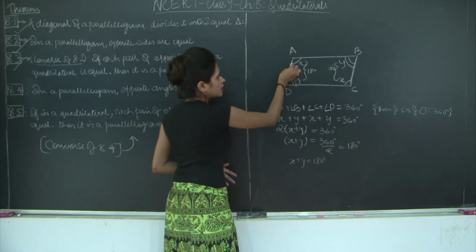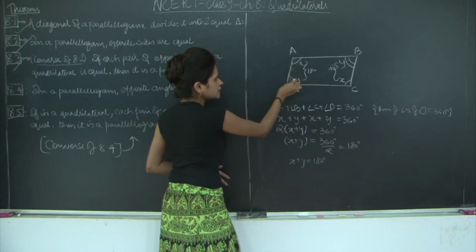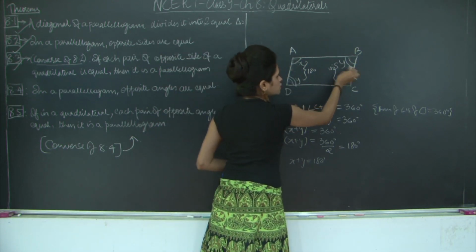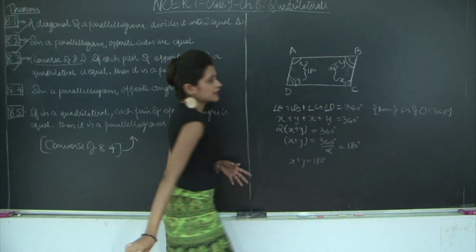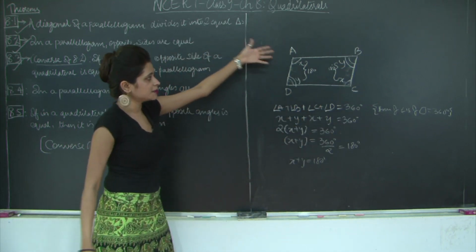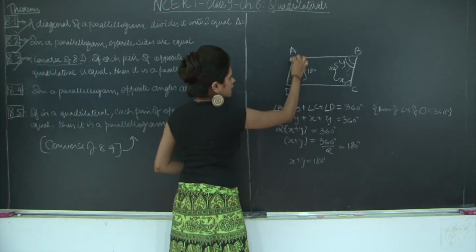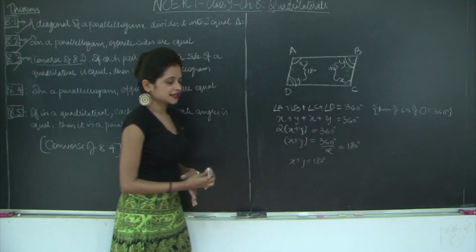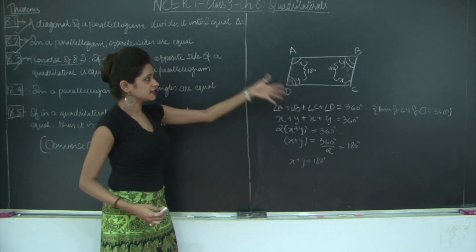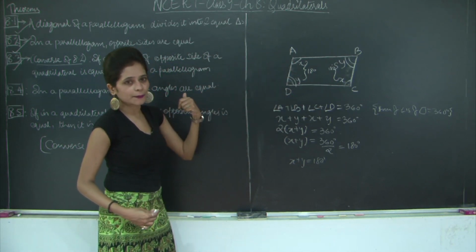So these are on the same side of the transversal, these two angles, and B and C are also on the same side of my transversal. Therefore, what can I say? That AB is parallel to CD, and also here AD is parallel to BC, correct? Therefore, my given quadrilateral ABCD is a parallelogram.